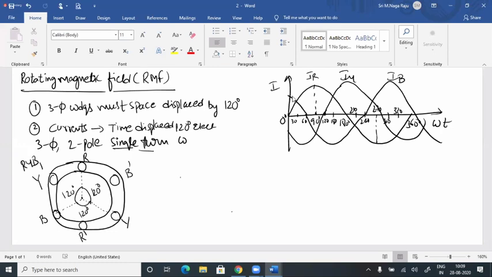Now, see. Take any instant, suppose at omega t equal to 90 degrees. This is the point where omega t is 90 degrees. Now tell me at this particular instant, which currents are positive, which currents are negative?